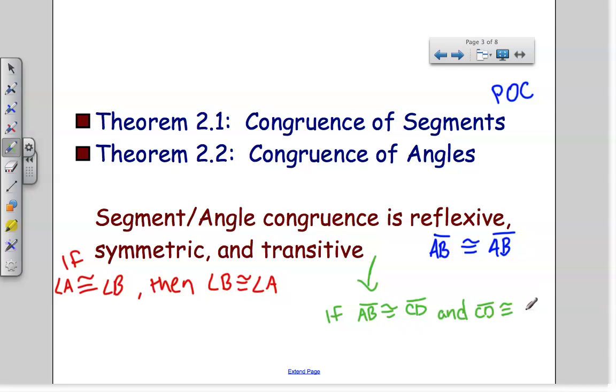So your final statement would be that, starting at the beginning, segment AB is congruent to, and I go right to the end, EF, because both AB and EF are congruent to the same thing, CD, so they're congruent to each other. Really, these are just saying that the reflexive, symmetric, and transitive properties work for congruency of segments and angles, and so you'd use property of congruency, POC, instead of POE, because these are not equal signs, they're congruent signs.